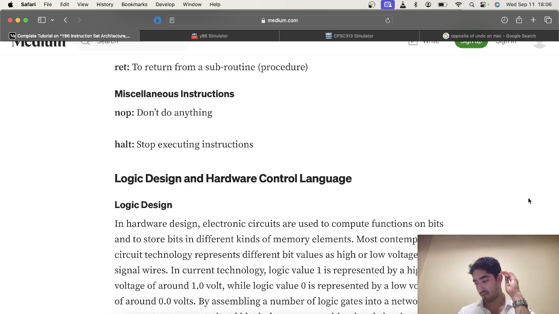I write it down as MISC. So nop is don't do anything. And halt is stop executing instructions.